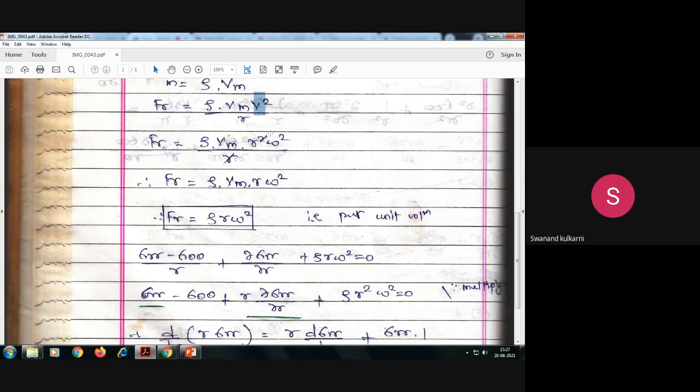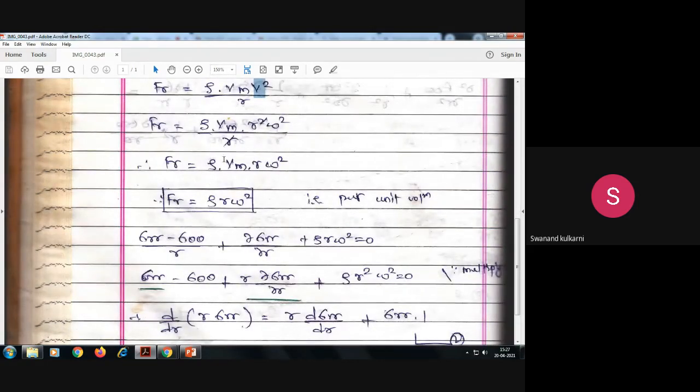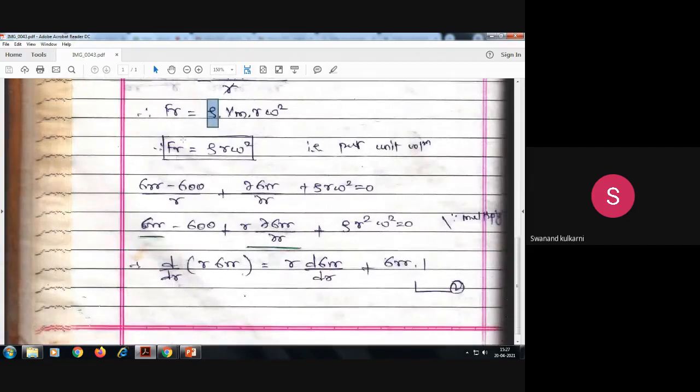Then this r and this r will get cancelled. Here we'll get rho V_m r omega². So F_r is equal to rho V_m r omega², where one r has been cancelled.